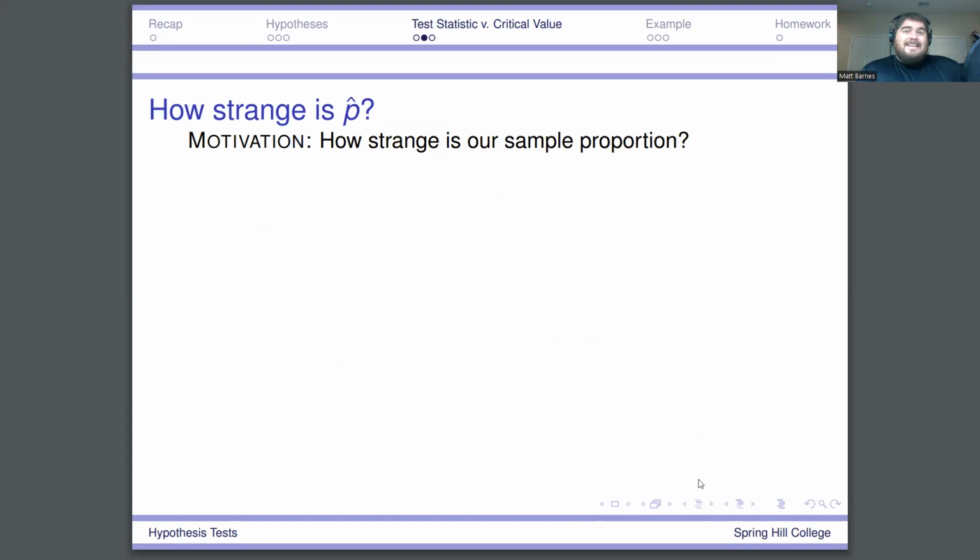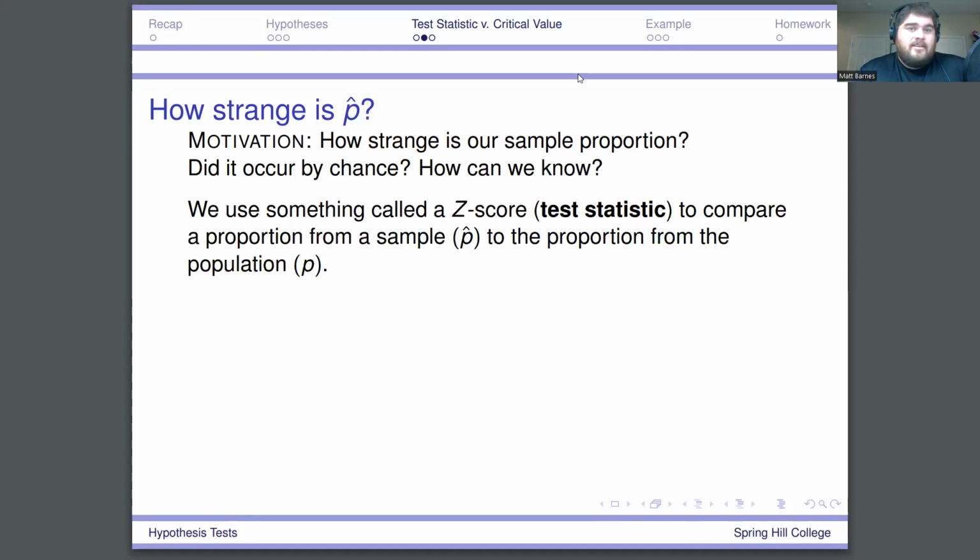So that leads us to the question, what's our bar? How strange does our sample proportion have to be in order for us to actually determine that something's not quite right here? So we have to know, did it occur by chance? And to do that, we're going to use something called a z-score, which is a test statistic.